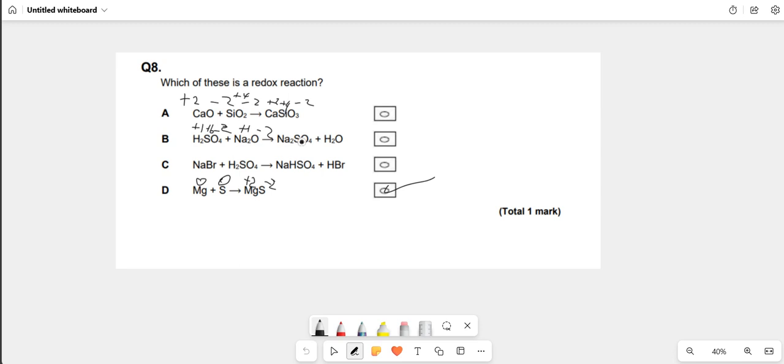So +1 times 2 is +2, counteracting -2. Here I've got -2 for SO4, and H has to be +1, so 2 plus and -8, so I have to add 6 here to counteract that. So S didn't change, H didn't change, Na didn't change. So nothing changed here. So it's not redox here.